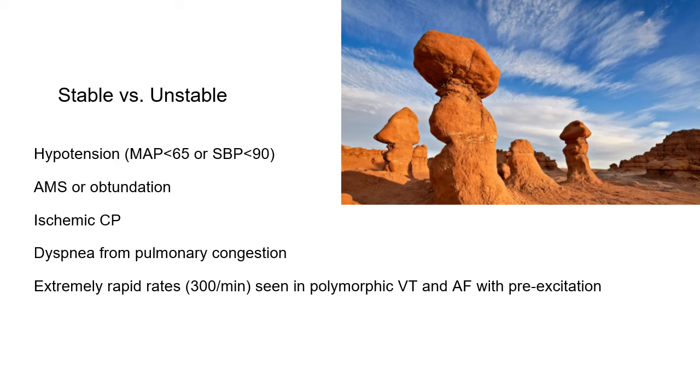Okay. So stable versus unstable. Well, what constitutes that? Hypotension, so MAP less than 65 or systolic less than 90, that is an unstable patient. Altered mental status. If they're having ischemic chest pain, like an MI, if they're having severe dyspnea from pulmonary congestion, or extremely rapid rates, kind of 300s, which you can see in polymorphic Vtac, or atrial fibrillation with pre-excitation.